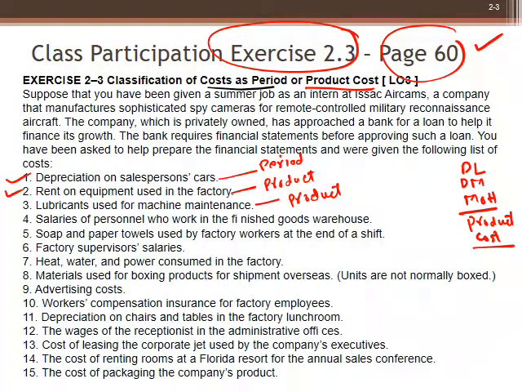Number 4 is salaries of personnel who work in the finished goods warehouse. The warehouse salaries are paid on a monthly basis, and they belong neither to product cost nor to manufacturing overhead, so that belongs to period cost.